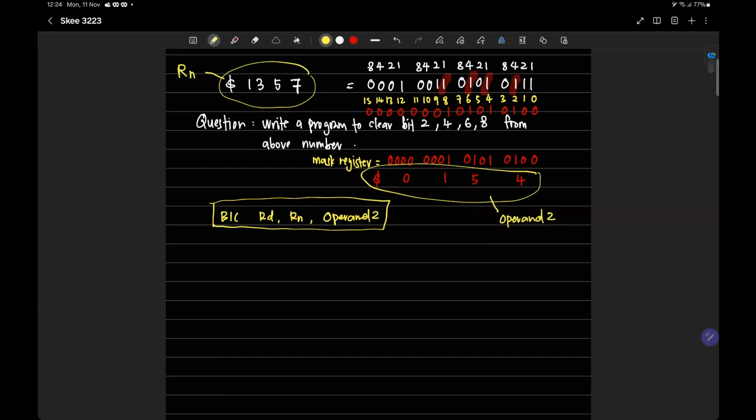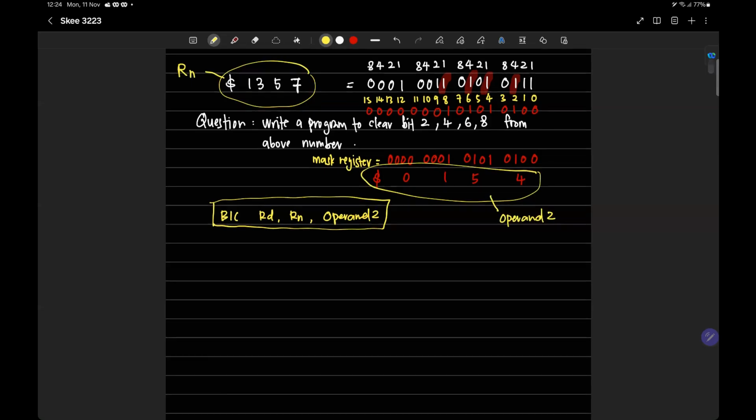Now how do we put these numbers into RN and operand 2? By using the MOV. Since this is 16-bit, we just use the MOV. Let's say MOV R1, #0x1357.